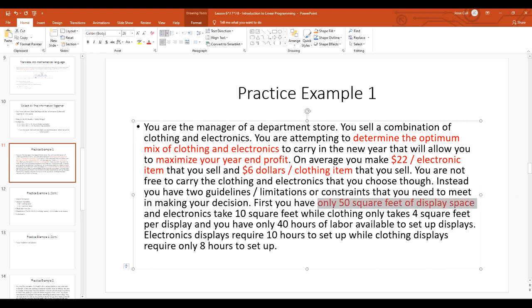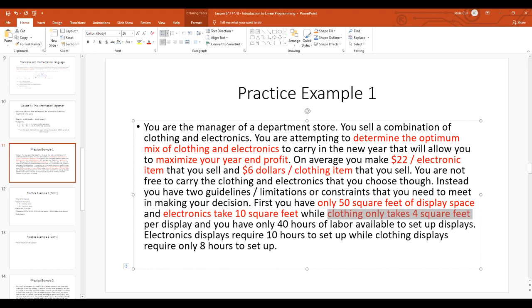We see electronics takes 10 square feet and clothing takes 4 square feet. This is our first limitation. Our first limitation is the amount of space we have available to display. We can use 50 feet. We can use less than 50 feet. But we cannot use any more because that's all we have available. So that will control how many or how much electronics and how much clothing we can carry.